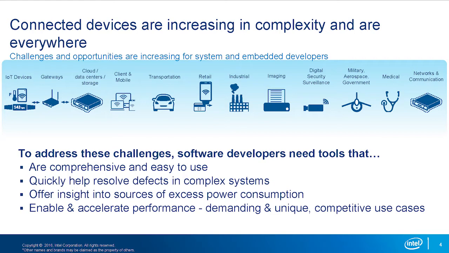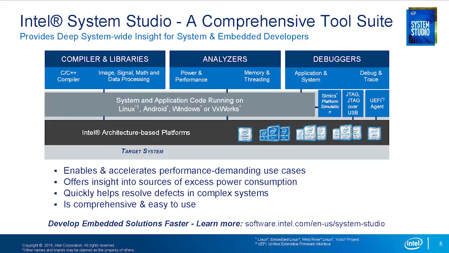So to address the complexity, to make your solutions more reliable and optimize performance on them, you need a comprehensive and easy-to-use tool set to help analyze the current solution. Something that will help quickly resolve defects in your systems and offer insight into your source as far as where your performance issues are and where your energy consumption issues are.